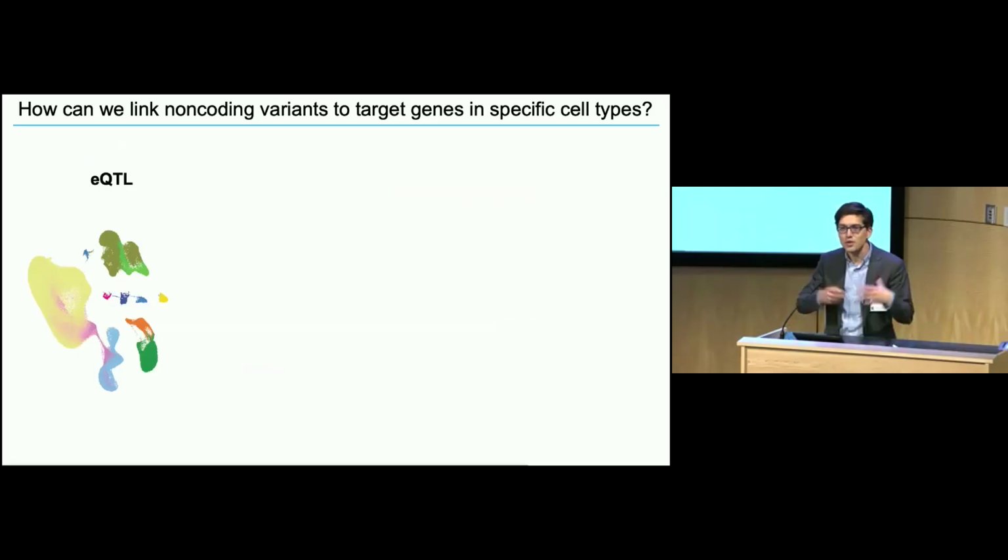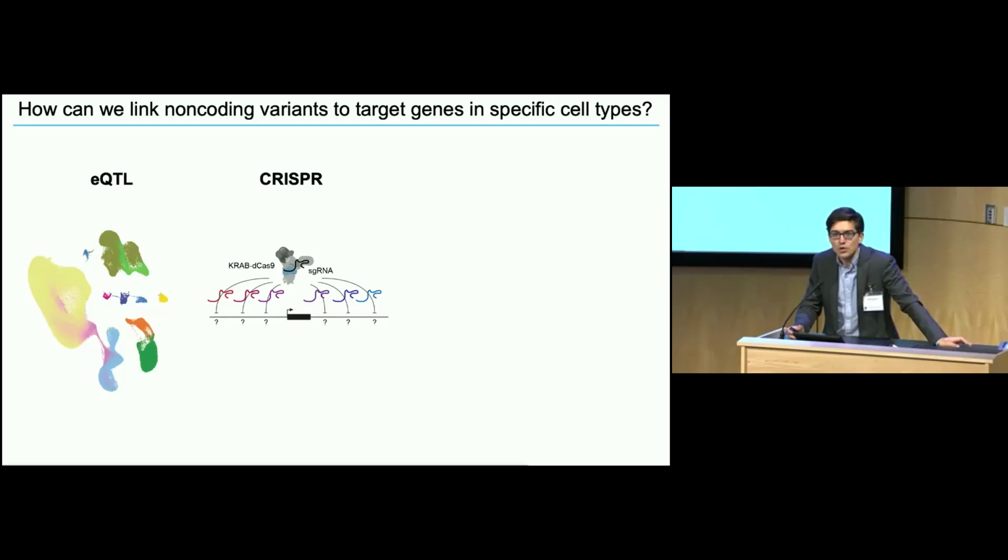Of course, there are a few different approaches to link non-coding variants to their cell types and target genes. One might be to apply single-cell eQTL approaches, like we heard about today. The challenge here is power and scale. We could also use CRISPR to go in and edit variants or perturb enhancers that contain variants.